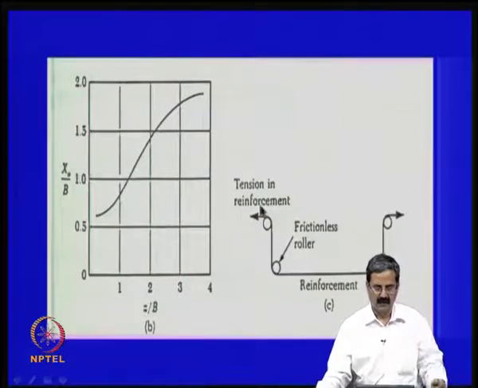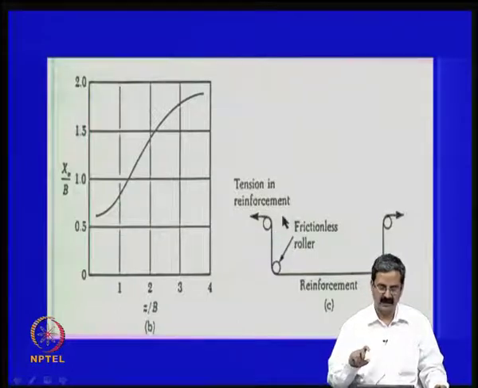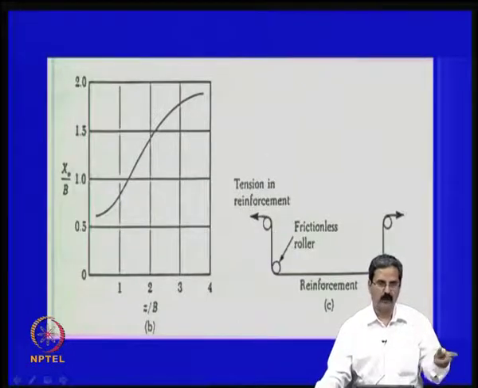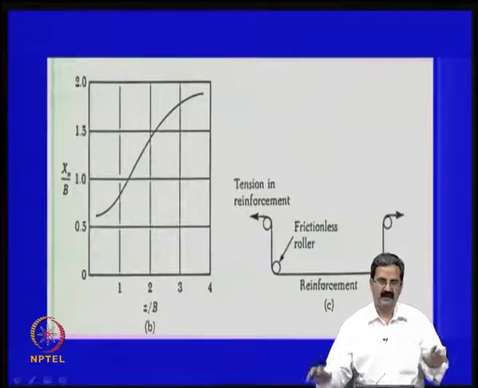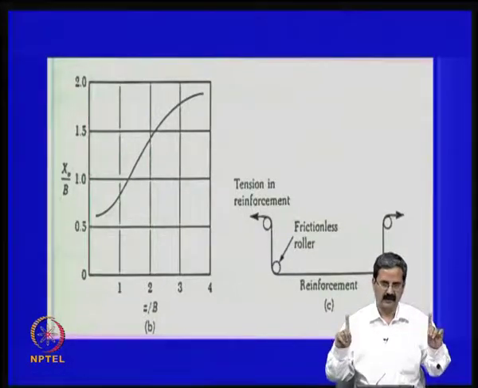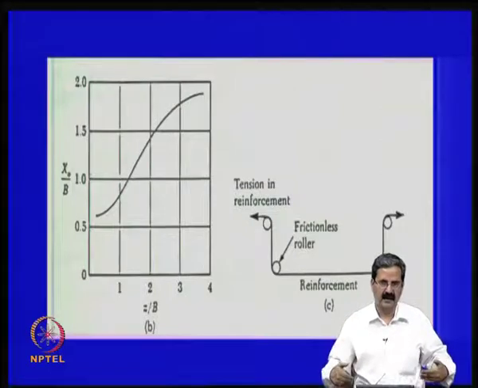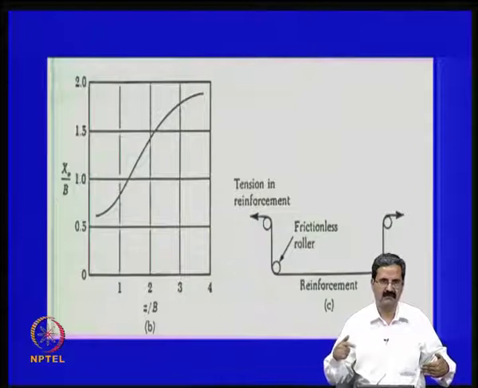To make our calculation simple, we assume that if there is so much load, there is so much tension here, and then there is also a spacing, and the tension is because of the shear stress distribution, right. The tension is because of the shear stress distribution.